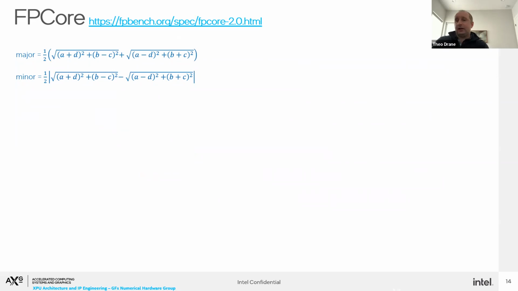And this led us to this. This is an academic project that comes out of the University of Washington in Utah, which is basically, we need a way of capturing algorithms. And this project called FPCore, its purpose originally was they would like to see how different number formats affect software programs.